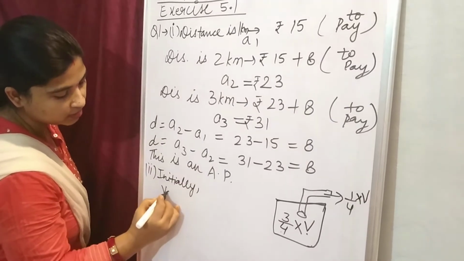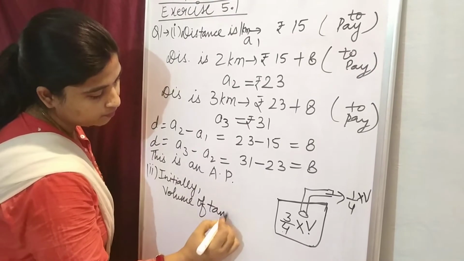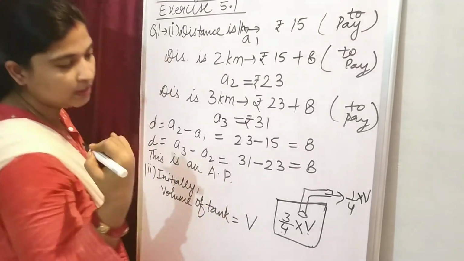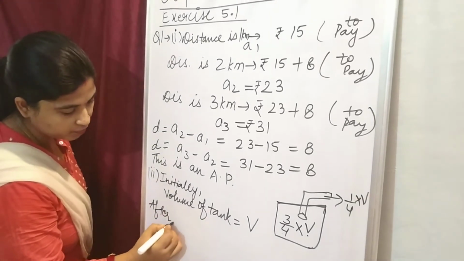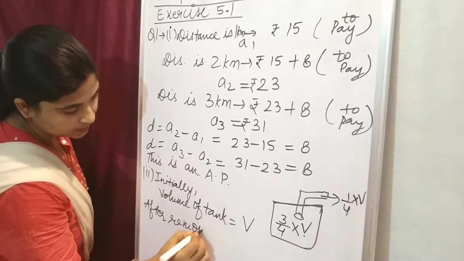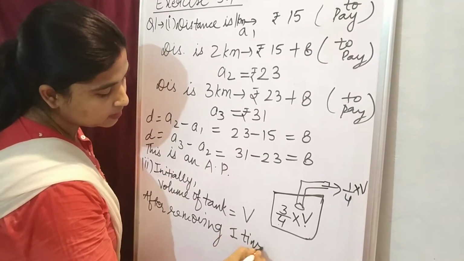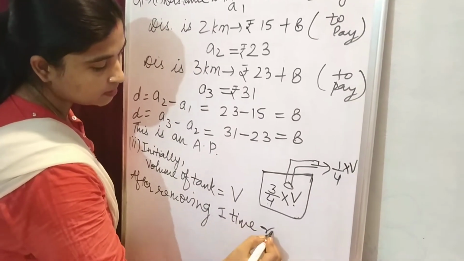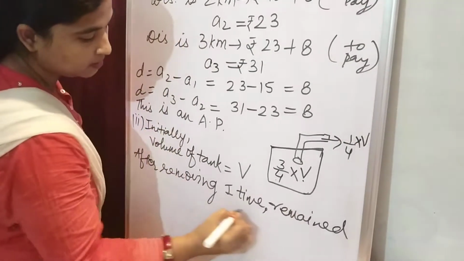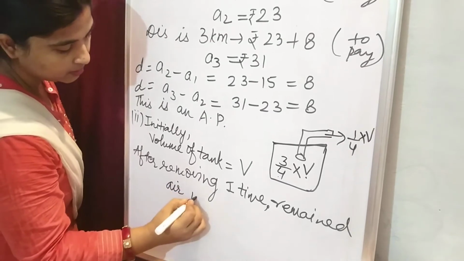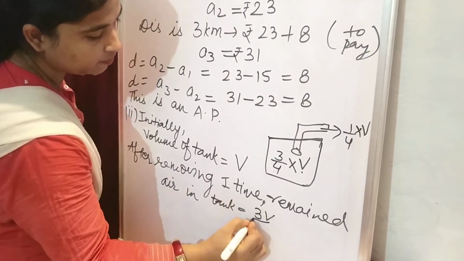Okay. So initially the volume of tank will be, if I suppose V, okay, then after removing first time, we are removing it first time. After removing first time, the remained air in tank will be 3V/4.